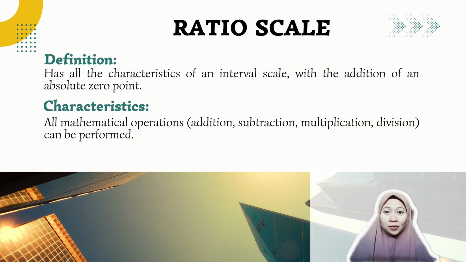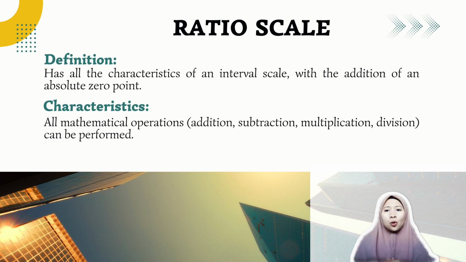Next, ratio scale. A ratio scale is the most complete of the types of measurement scales because it has all the characteristics of an interval scale, plus an absolute 0 point.